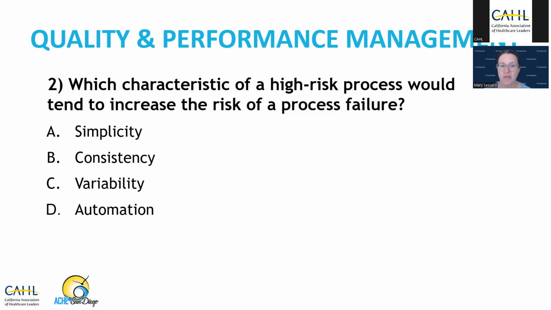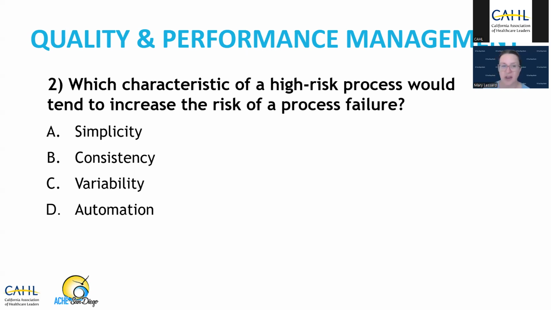So this one seems pretty straightforward to me because simplicity, consistency, and automation all seem like heading in one direction, whereas when anything has variability in it, it has a greater risk of failure.